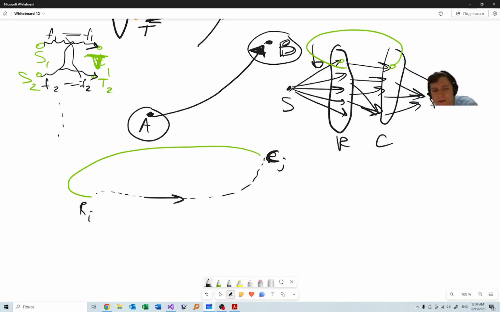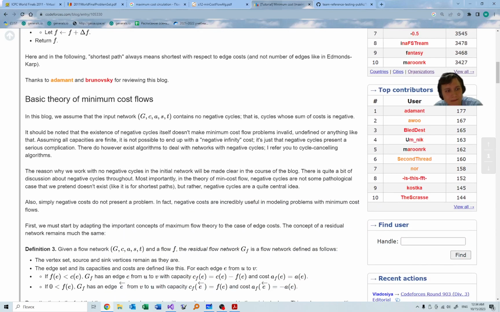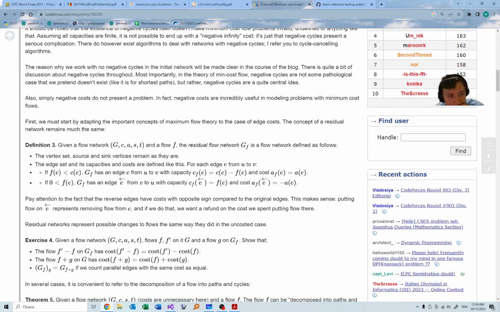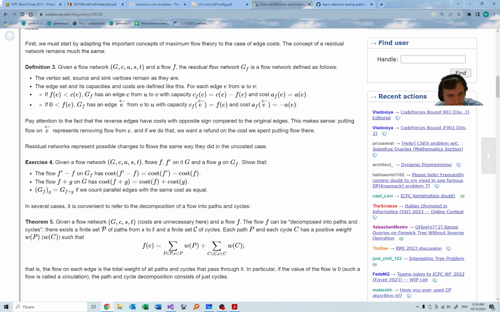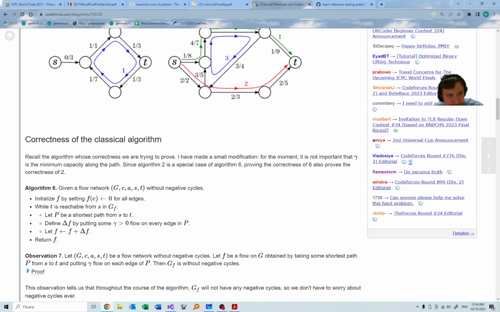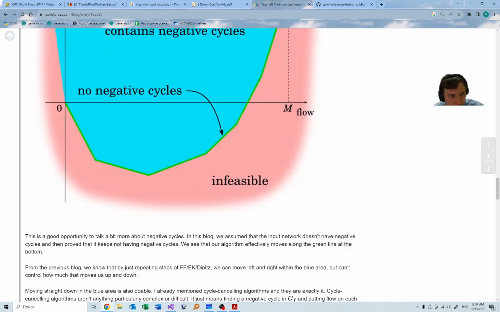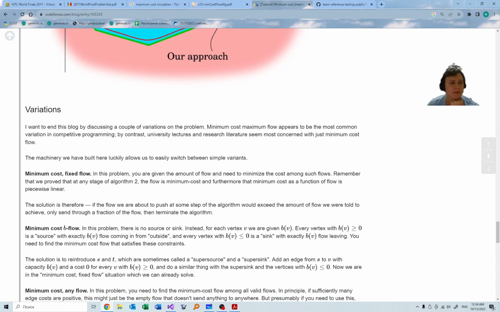We want to, hmm. What to do if we have some negative cycles?